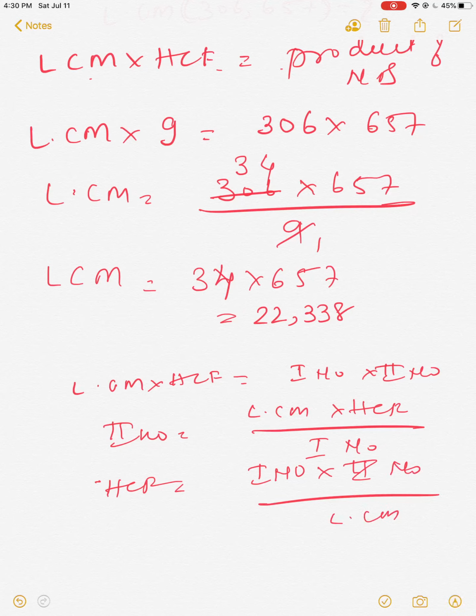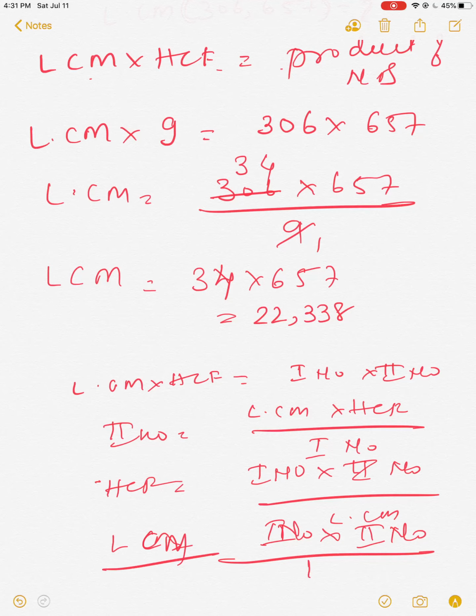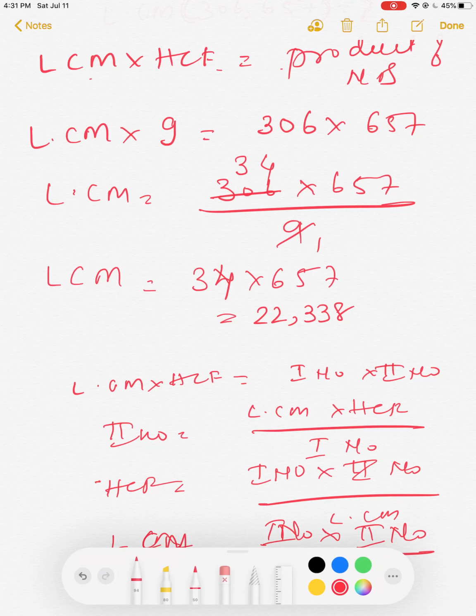In the same way, if we have to find LCM, it is first number into second number divided by HCF. Like that, if we know some, we can find out the others.